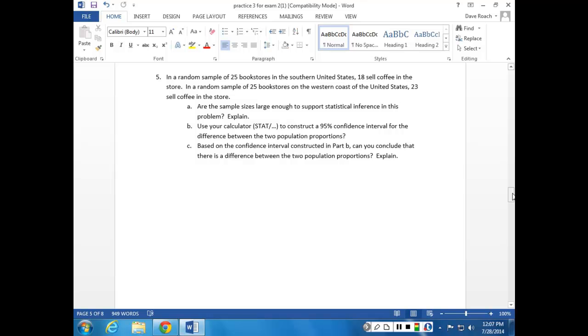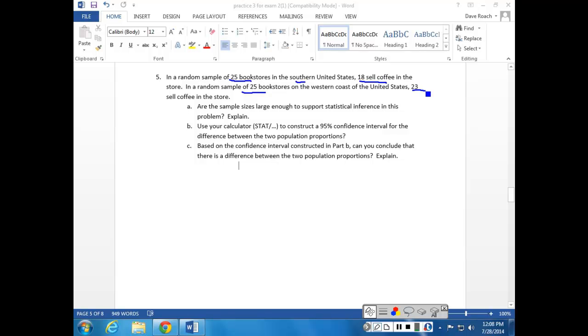Okay, so number 5. And this one we have 25 bookstores in the South, 18 sell coffee, 25 in the West, 23 sell coffee. First of all, there are no means, there are no standard deviations.